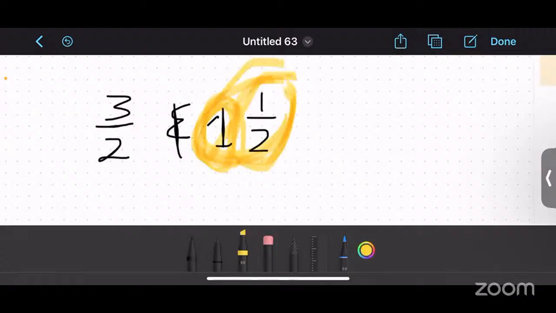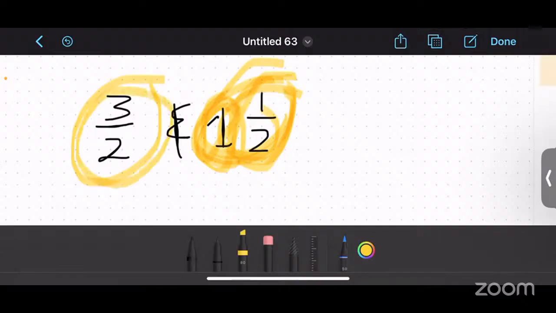That's a mixed fraction. And this over here is what we call a common fraction. A common fraction, I said, is a numerator divided by a denominator. That's how we know that something is a common fraction.